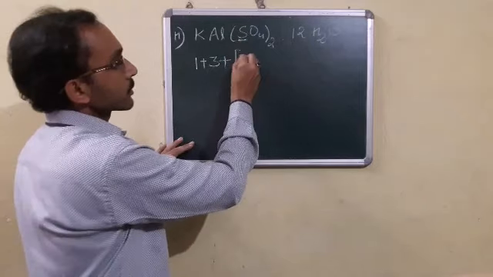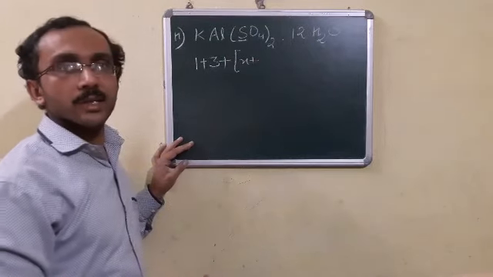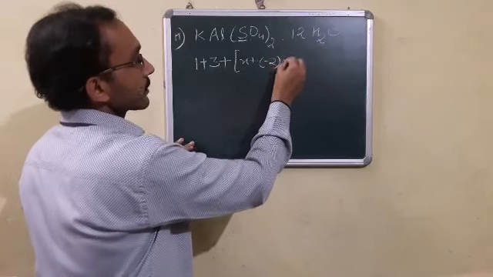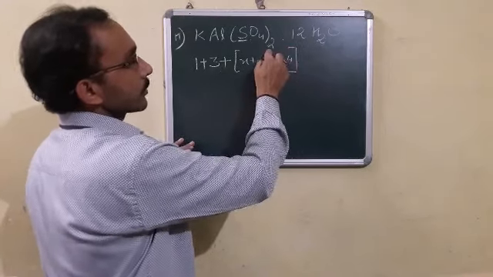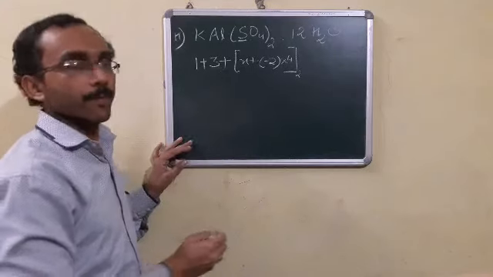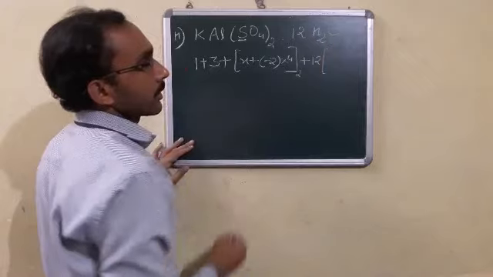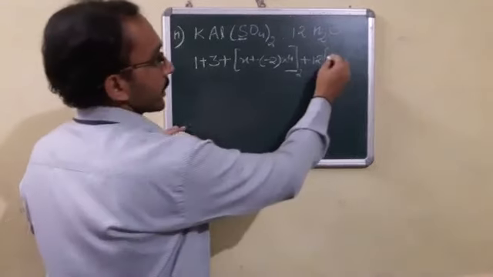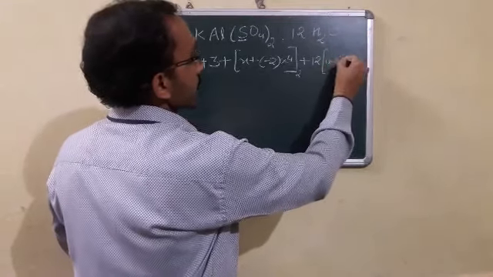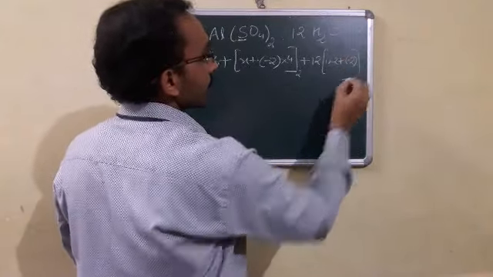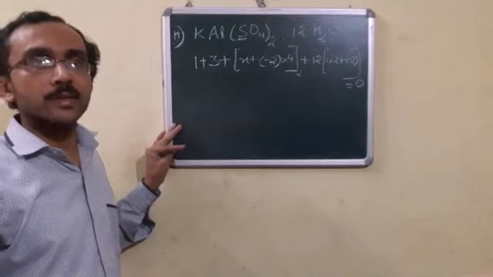For sulfur we will use X, plus oxygen oxidation state is -2 multiplied by 4 atoms, close bracket and put 2, fine, plus 12 water. Oxidation number of hydrogen is 1 multiplied by 2 atoms, plus oxygen minus 2, close bracket, and is equal to total oxidation number 0.